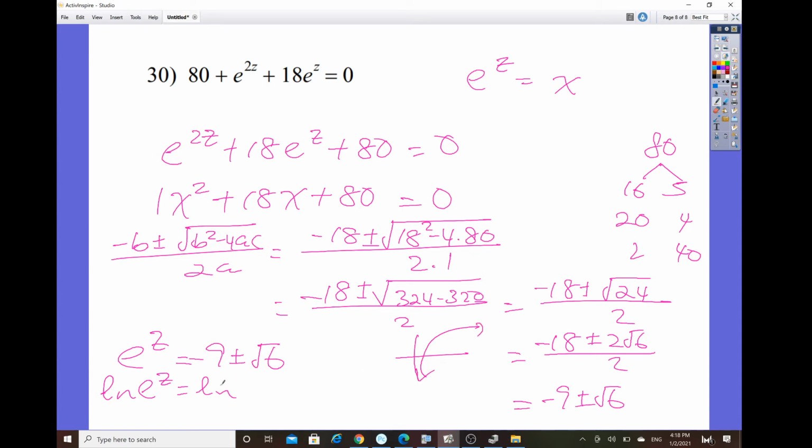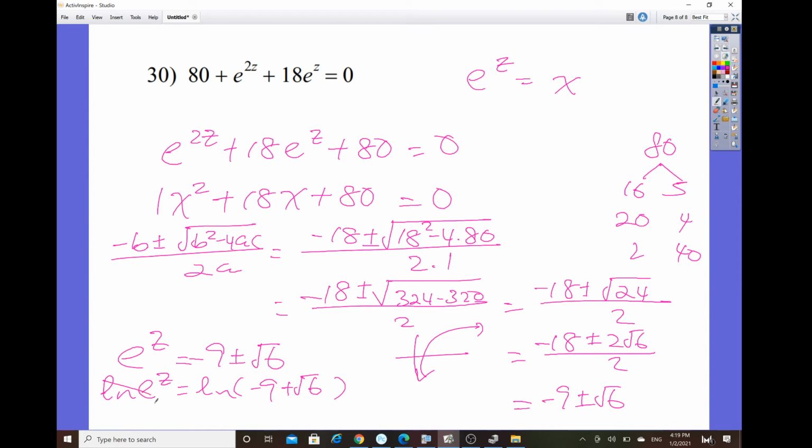Okay, so this one's only restricted to negative 9 plus root 6. And also that turns out to be a negative number as well. So this one is going to be some kind of imaginary solution. But so far we're not dealing with things like those, okay? So the imaginary root. Okay, so far you can just simply leave the answer like this.